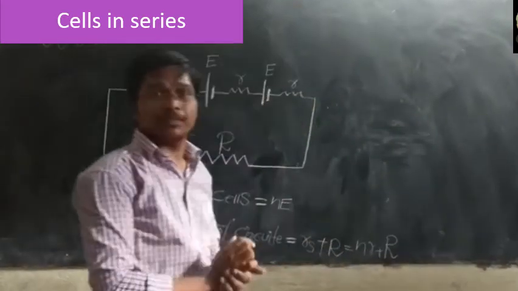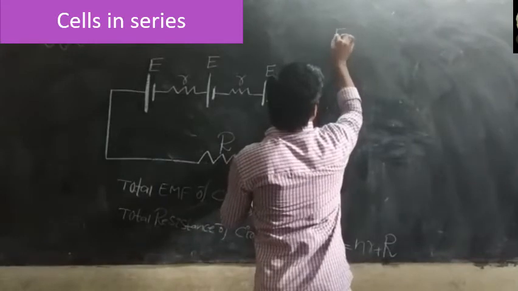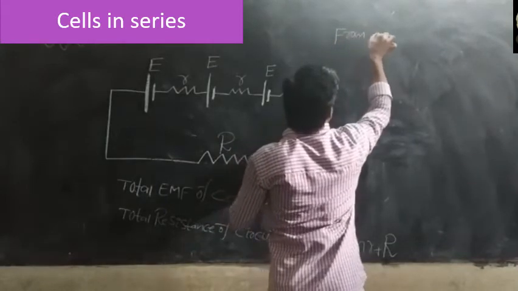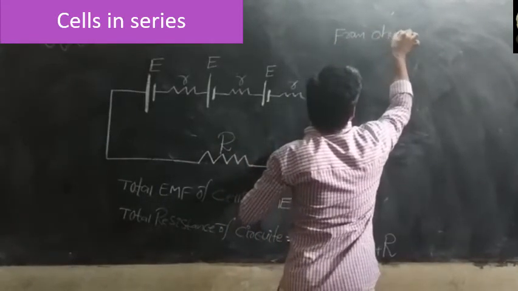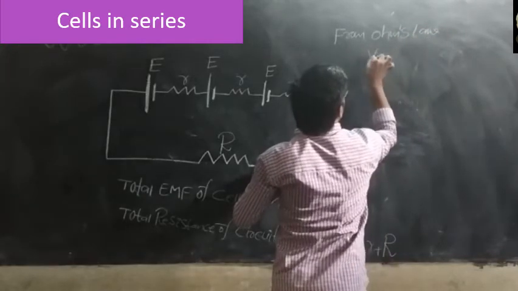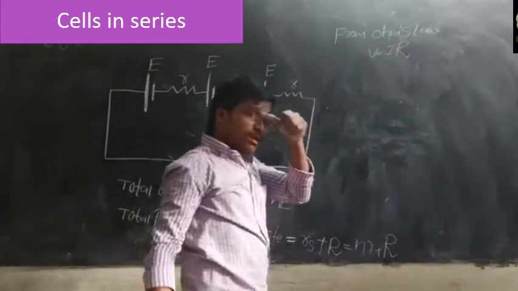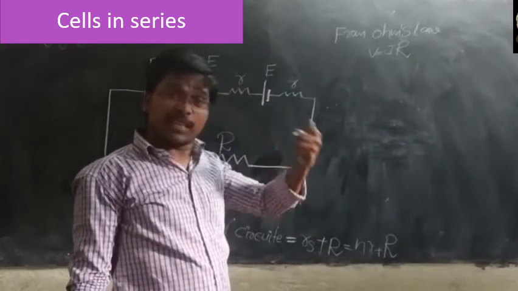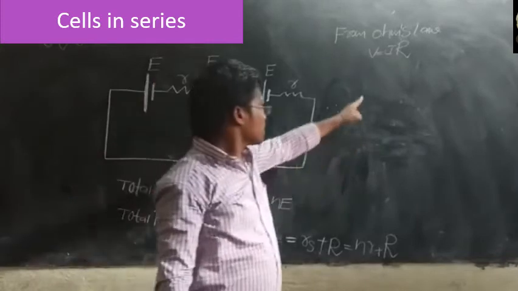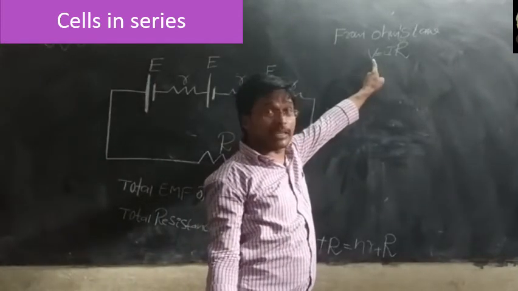After that, from Ohm's law, what is the Ohm's law expression? V is equal to I into R. I already told you voltage is nothing but EMF.